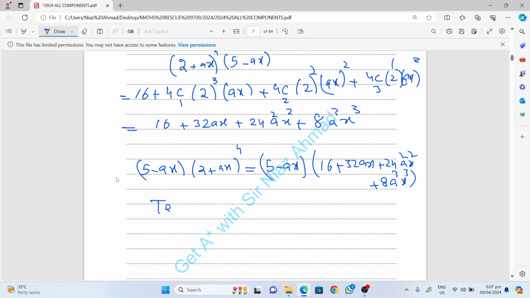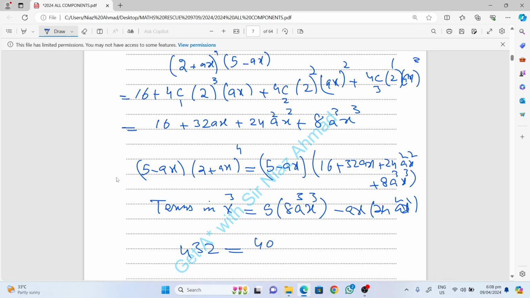We need terms in x cube. So we have 5 times 8a cube x cube, minus ax times 24a squared x squared, and everything is equal to 432.